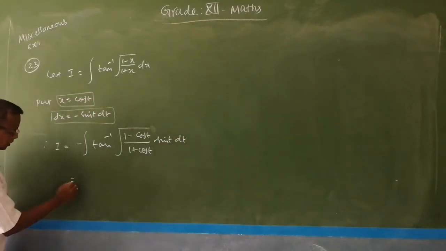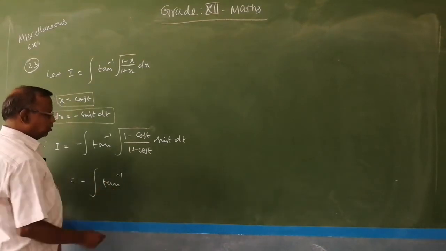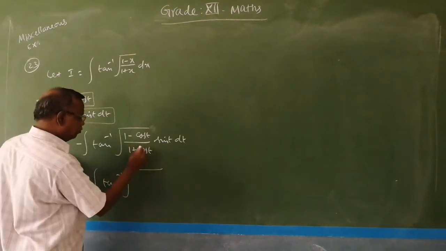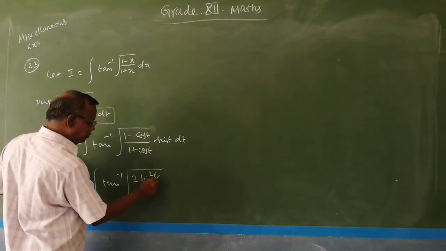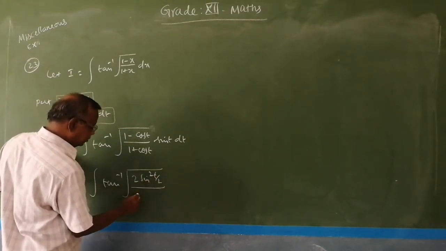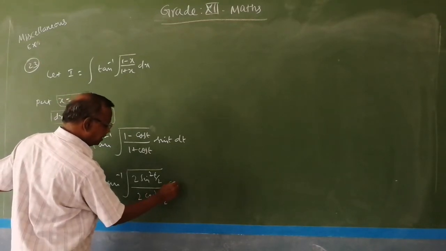This is equal to minus integral tan inverse of root of 1 minus cos t, 2 sin square t by 2 divided by 2 cos square t by 2, into sin t dt.